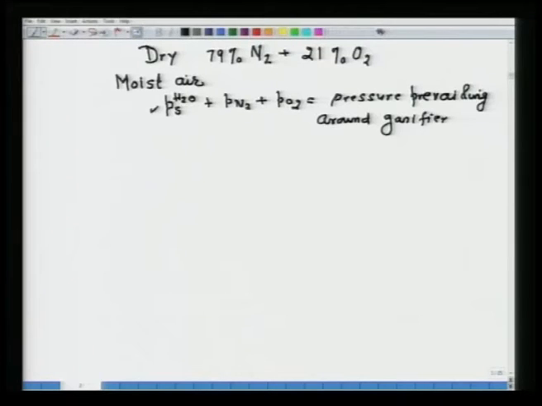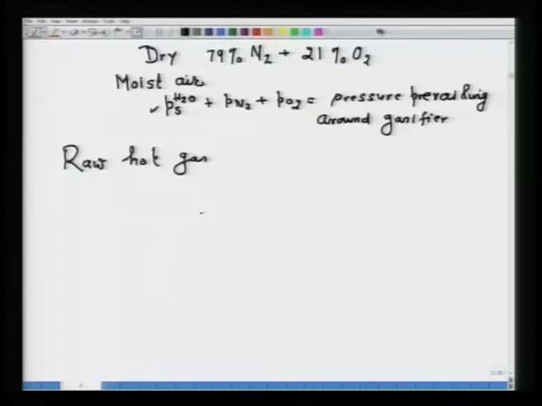Now, one should also note that the raw hot gas, because in the material balance you have seen the right hand side contains producer gas, tar, soot and everything, I will call it a raw hot gas. This raw hot gas can be delivered directly into the furnace.